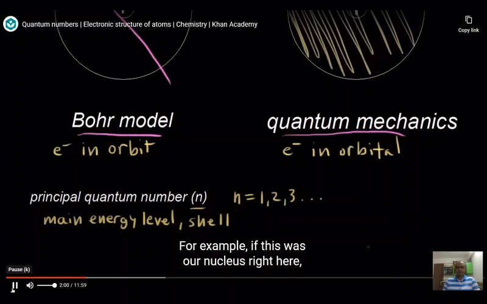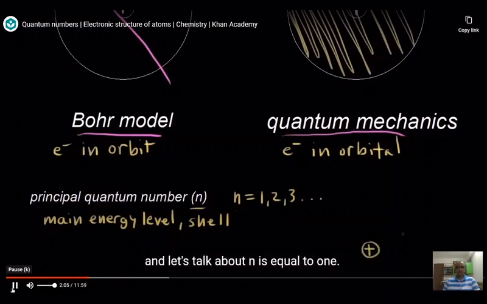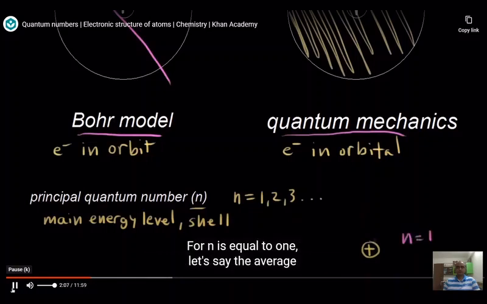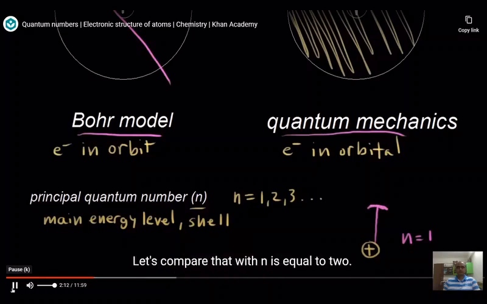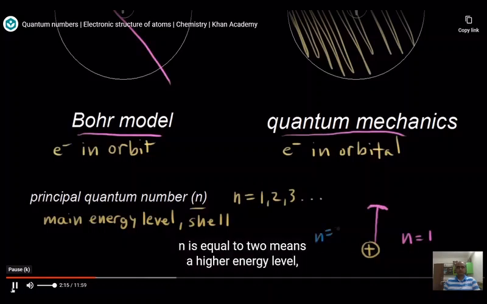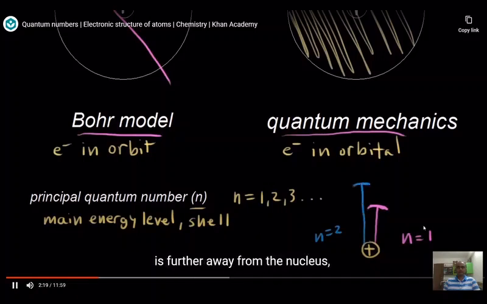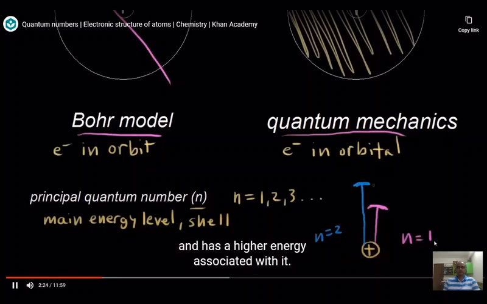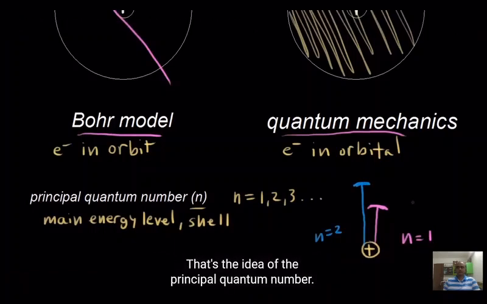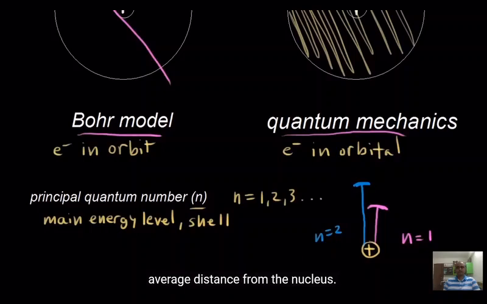For example, if this is our nucleus, for n equal to 1, let's say the average distance from the nucleus is about here. Compare that with n equal to 2, a higher energy level: on average, the electron is further away from the nucleus and has a higher energy. So that's the idea of the principal quantum number: you're thinking about energy levels or shells, and about average distance from the nucleus.